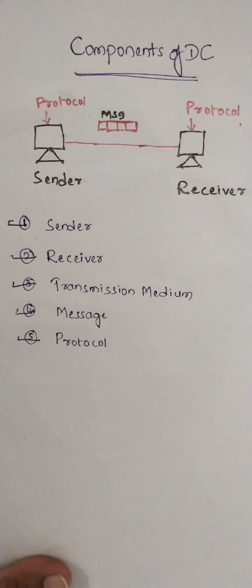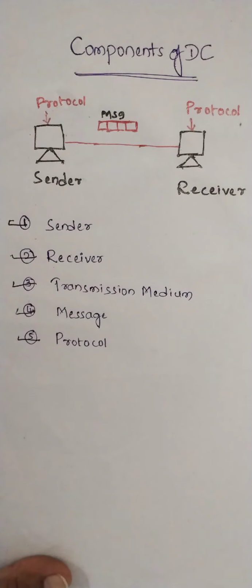Once the message is passed from the sender, to whom does it reach? Where is the destination of that message, and to which machine does the sender want to send the information?